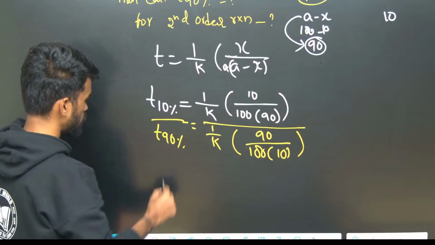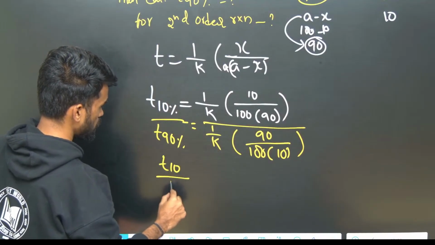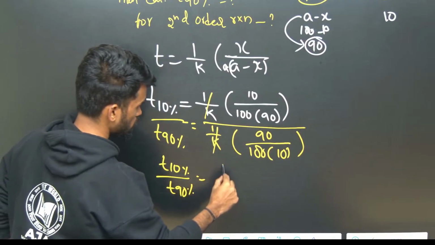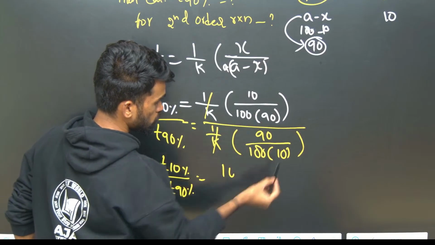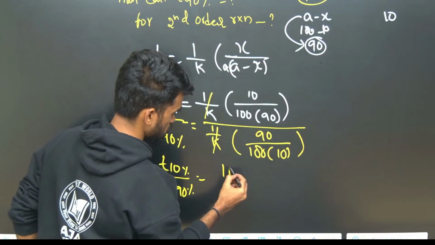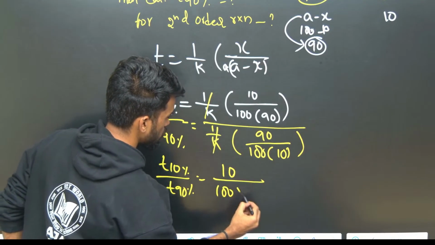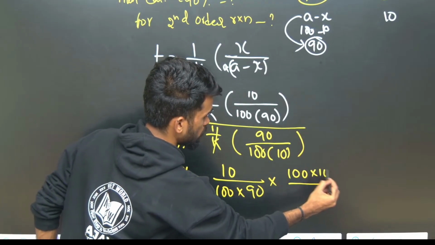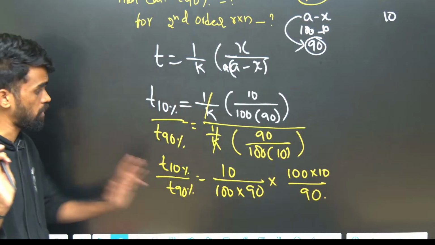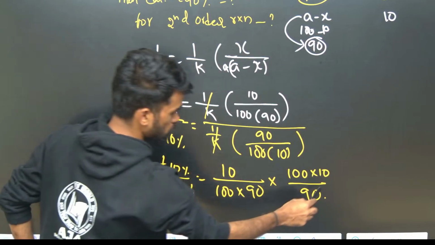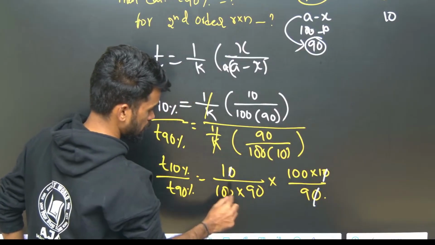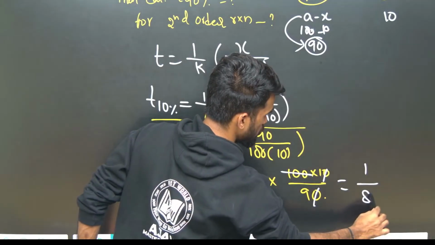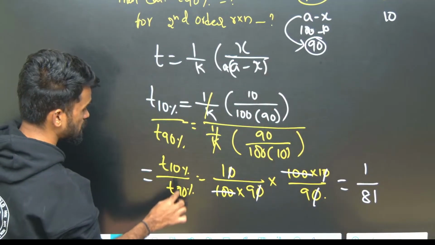T 10% by T 90% equals this, you can remove. I am just simplifying it: 90 into 10 by 90, you can write in the numerator. Hope this is clear up to here, how I have written this. So remove this 0, and next these 2 zeros and 100. So you are left with 1 by 81. This equals T 10% by T 90%.